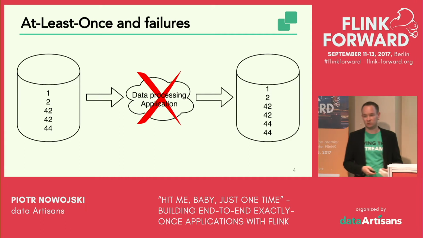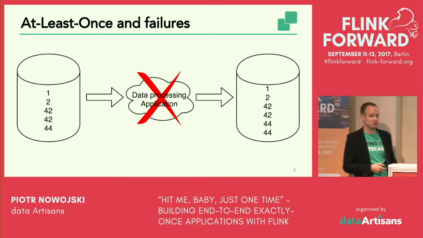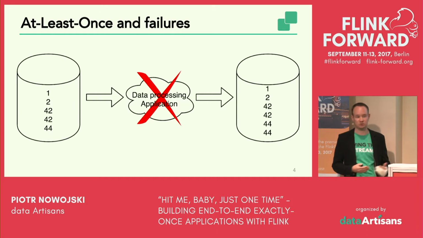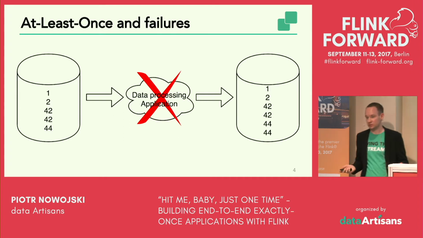But sometimes that's not enough, and for those cases we might need, for example, at-least-once semantic, which basically says that we guarantee that our application will produce every record at least once. We will have no data losses, but we can still have some data duplications. That's better.